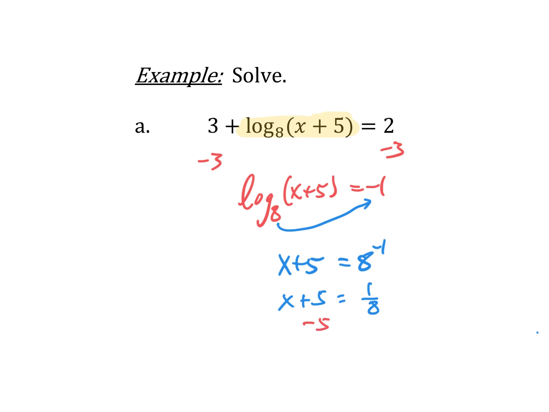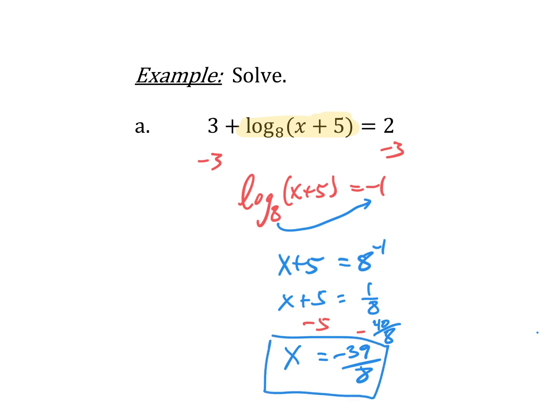So we're going to subtract 5 from both sides. We've got to get a common denominator here. 5 is the same as 40/8. So 1 minus 40 over 8 is -39/8.